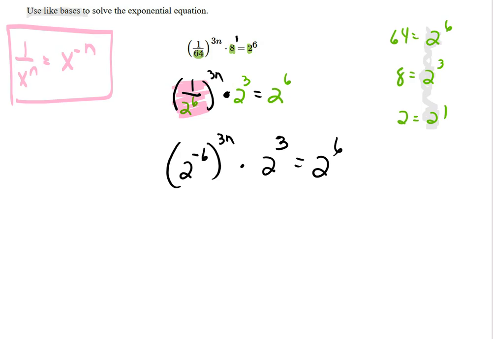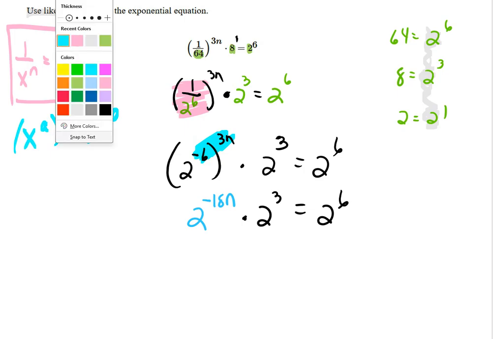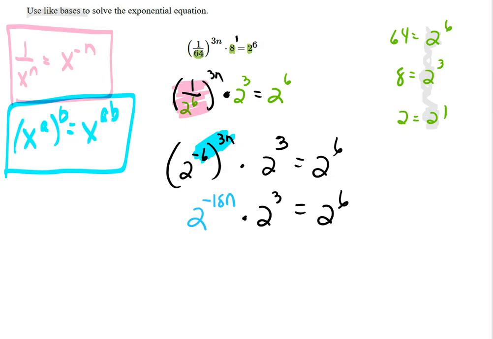And then, because I have a power raised to another power, I will use the rule that says x to the a raised to the b is x to the a times b. So this is going to become 2 to the negative 6 times 3n, which is negative 18n, times 2 to the 3rd equals 2 to the 6th. And then, here's that next rule.